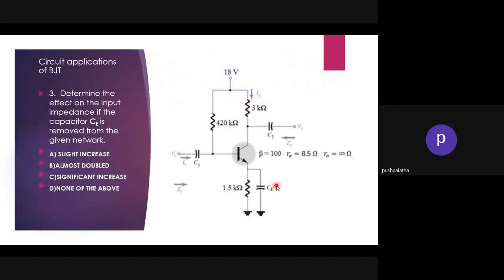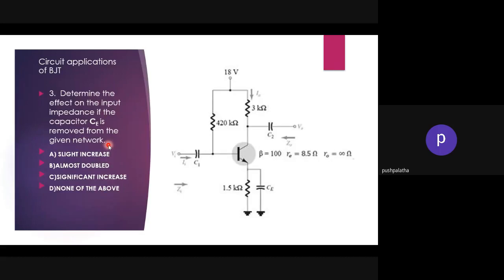Now, this is based on circuit applications of BJT, asked in BARC 2018. Determine the effect on the input impedance. First read the question properly: determine the effect on the input impedance if the capacitor CE is removed from the given network.